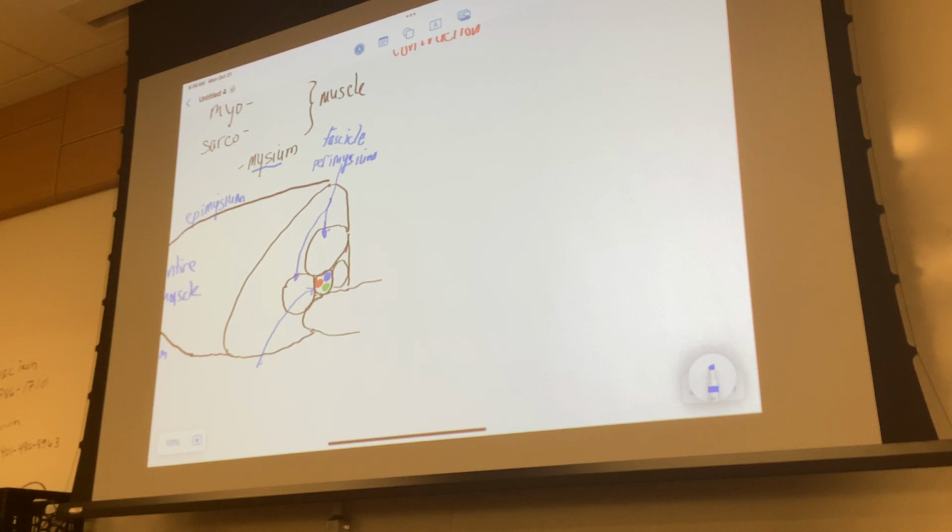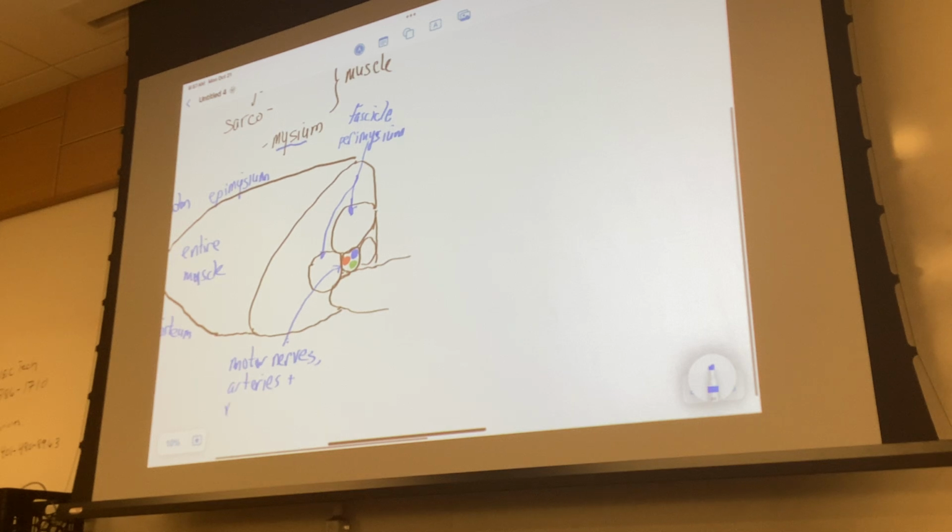But what I have in the lower part, with the red, the blue, and the green, is a compartment of nerves, and it's motor nerves, arteries, and veins. So that's motor. Motor nerves, arteries, and veins.